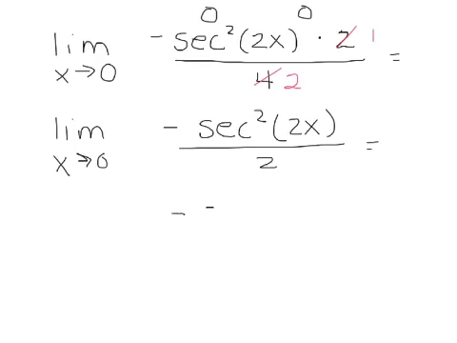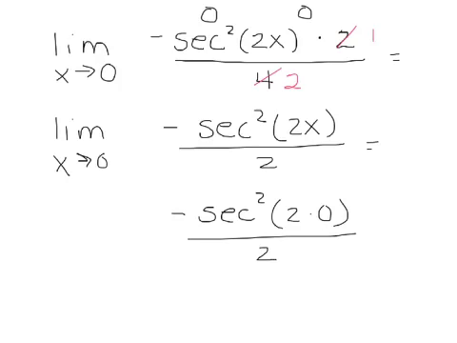Okay, so let's try evaluating this time and hope we have a number. So the opposite of secant squared, 2 times 0 over 2. Notice that denominator is constant now, so that's looking promising. Keep in mind the negative is not part of the square, so we're going to calculate the secant of 0 and then square that number, all divided by 2.